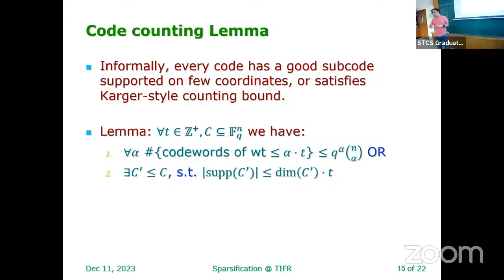So this parameter t is in my control. I can apply it with any t, and then I get something that looks like this. So in some sense, I get to specify what the ratio of the number of rows to the number of columns is.